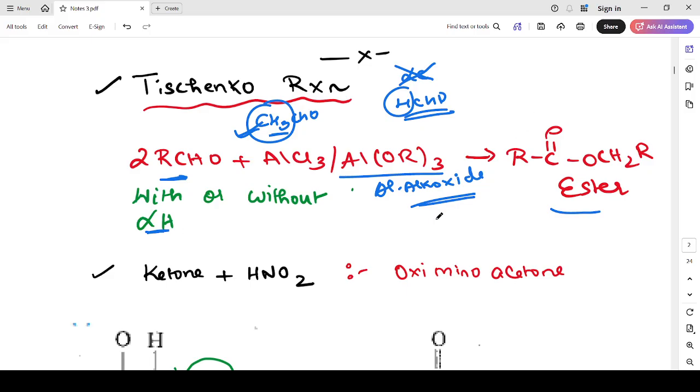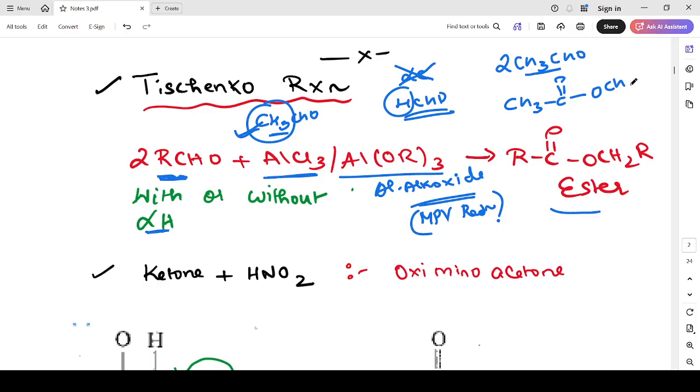We have seen it in MPV reduction, isn't it? Yes, aluminium alkoxide in the presence of aluminium chloride. Consider I am taking 2 moles of CH3CHO. Again it becomes OCH2R. You can see it is forming an ester unit here.